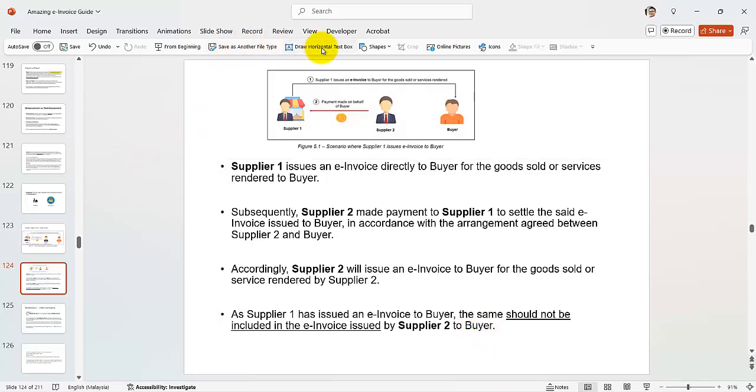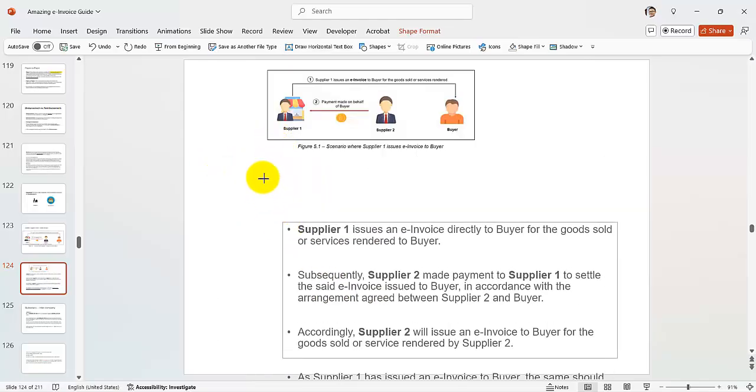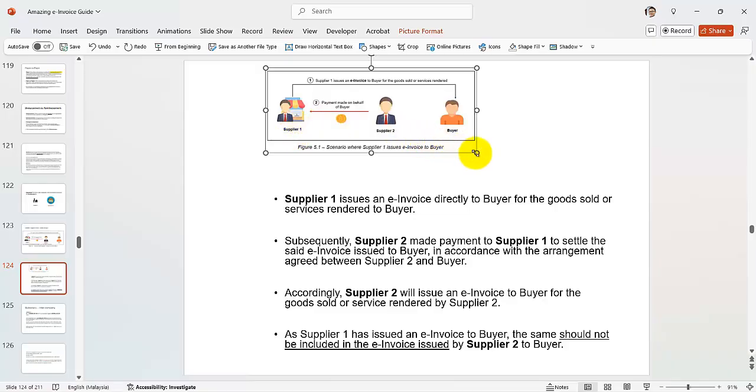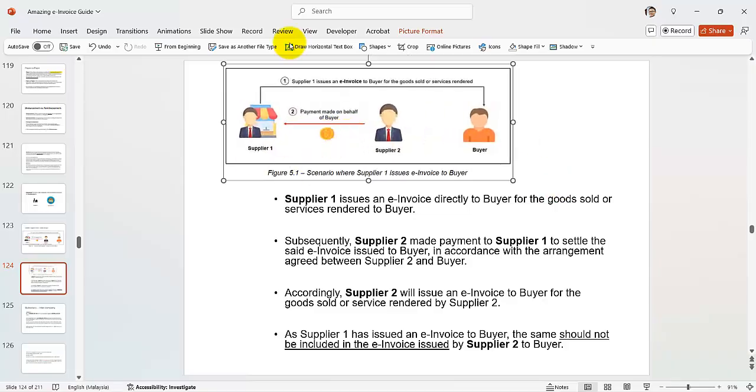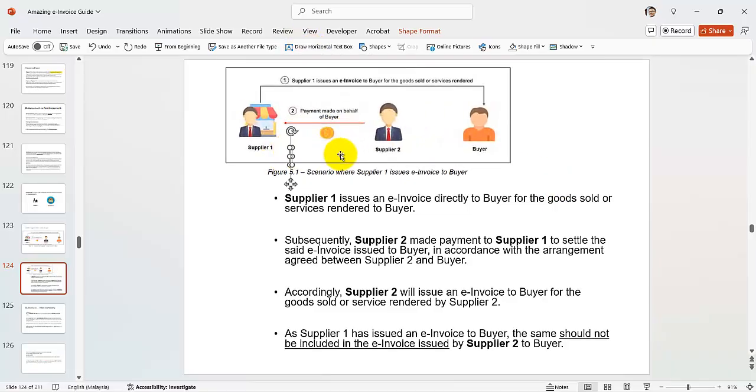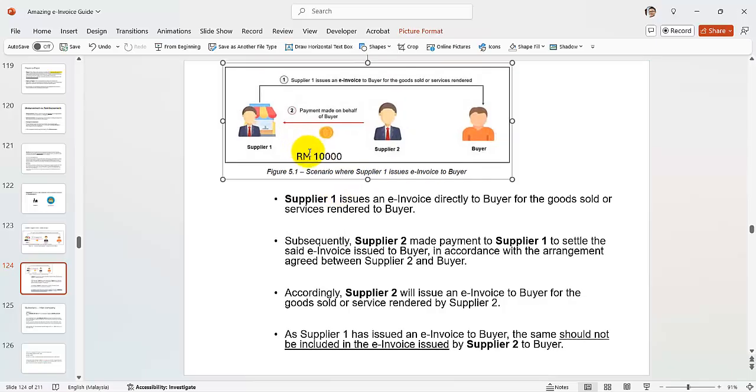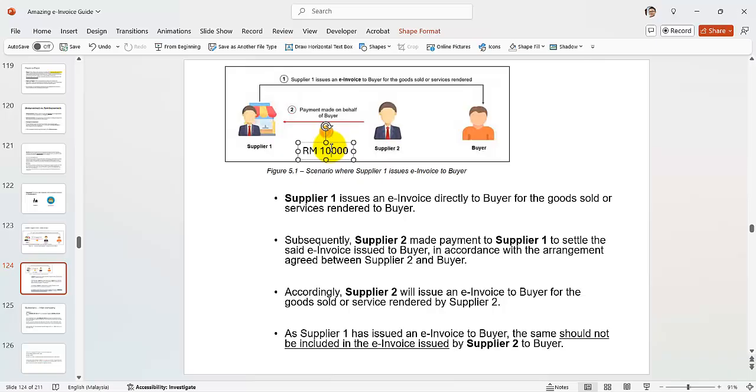So let's come back to this example here. Suppose that this service is 10,000. So supplier two pays 10,000 to supplier one.